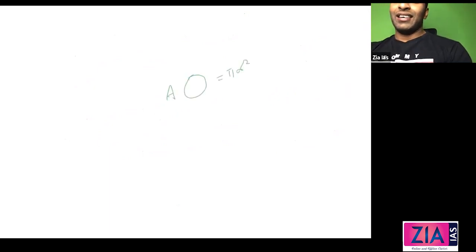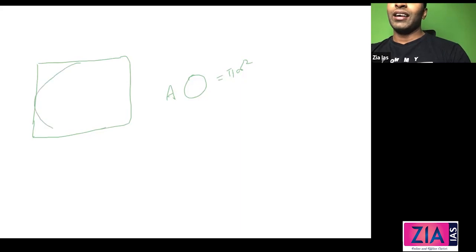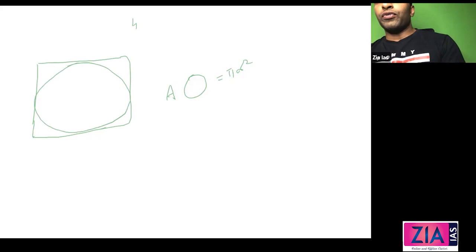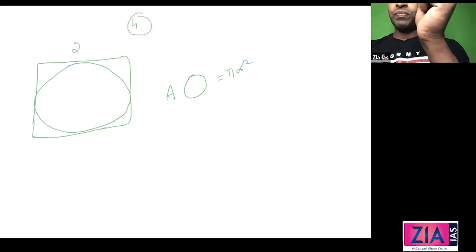The area of a circle is pi r square. If I explain how I got it and all, it will take time, guys. Just remember this one only. Now imagine this case. I'm saying the area of the square is 4. Area is 4 means side is 2. That means this entire side is 2.